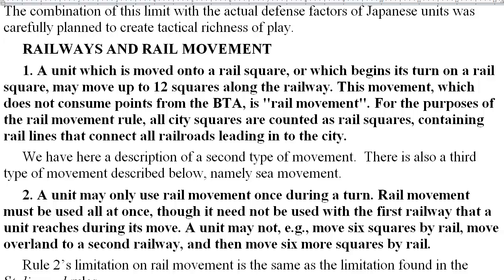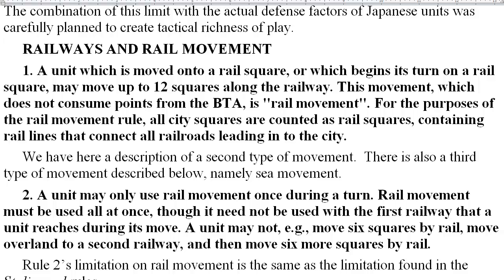You can move up to 12 squares along the railway without expending any movement points. However, if you take rail movement, you have to spend the rail points all at once. You can't move 6 squares along a railroad, for example, use several normal movement points to move over to a second railroad, and then chug on using more rail movement on a second railroad. You have to use the rail movement all at once in a unit.